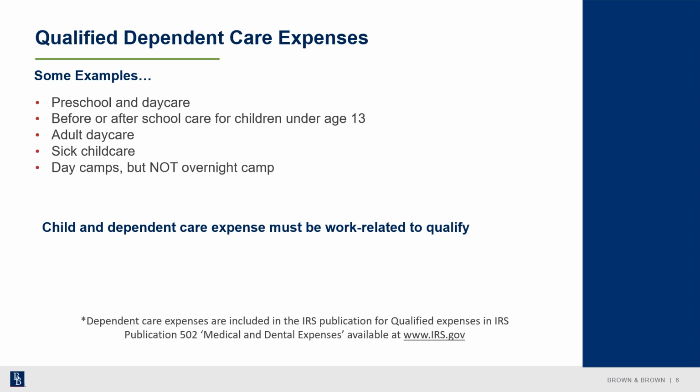In the summer, day camps are covered, but overnight camps are not. And child and dependent care expenses must be work-related to qualify. So you must be in the position of needing that care for your children or your tax dependents unable to care for themselves while you are at work. And IRS publication number 502 also has additional information on dependent care expenses as well.